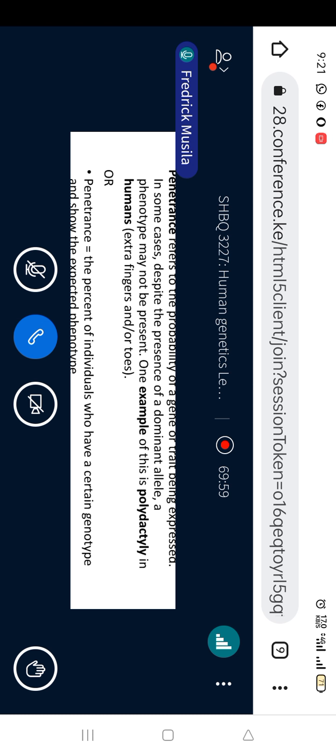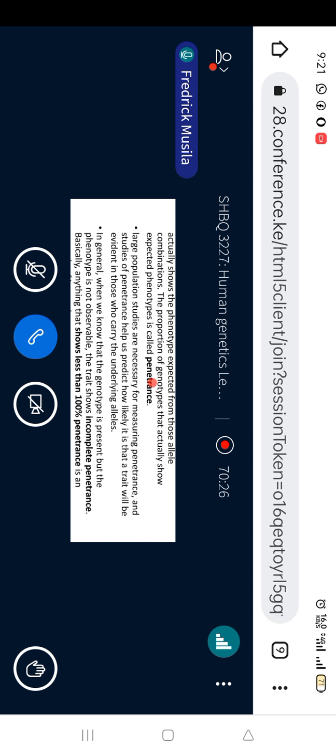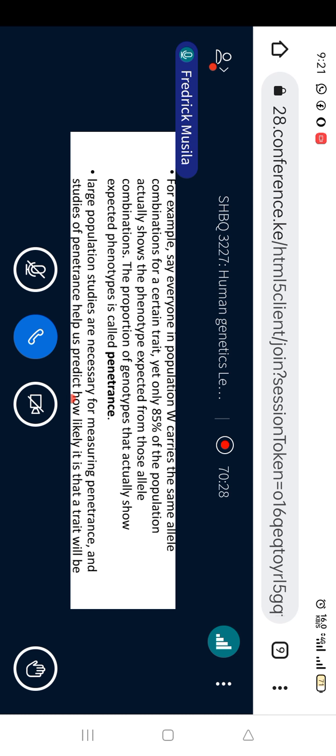So you say the penetrance is maybe 80%, 70%. Some traits show 100%, but for traits such as polydactyly, the penetrance is not 100%. Let's assume we all have the gene for extra toes, but maybe 20 of us have the extra toes. Let's say the number was 50, the penetrance will be 20 out of 50 times 100. I think that one is clear. Oh yeah, we have another example here.